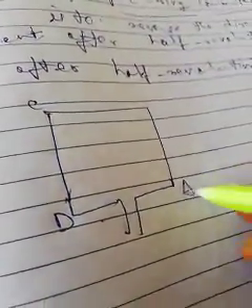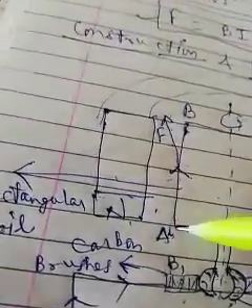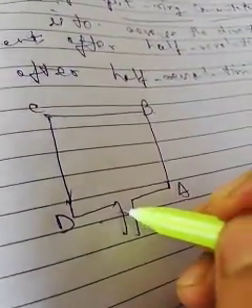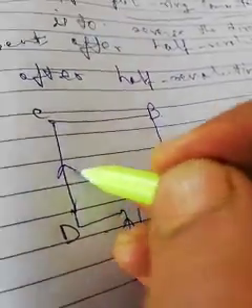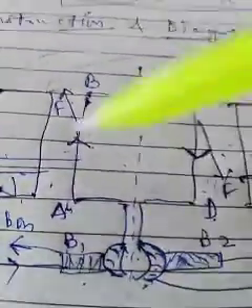Now the current here was flowing from A to B, but the direction of current will now be from B to A. Just see the difference.